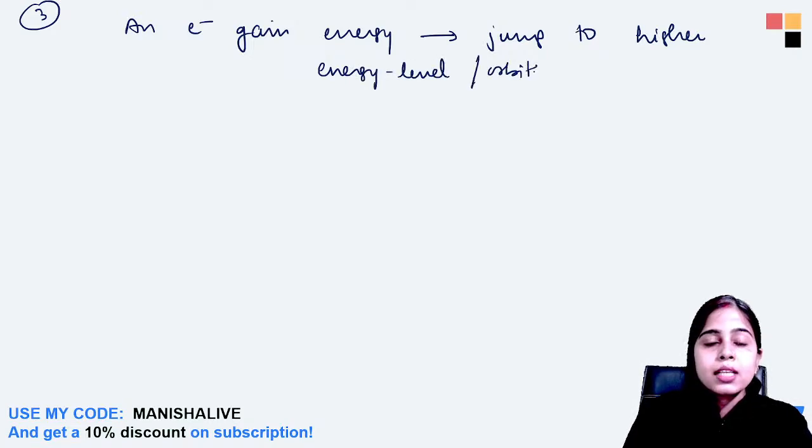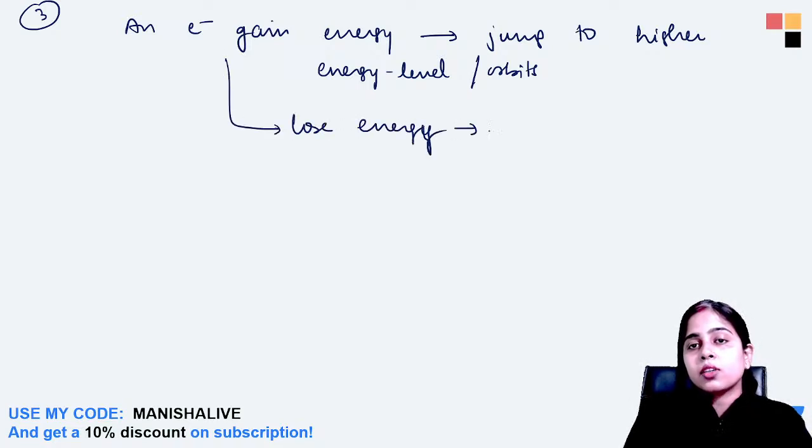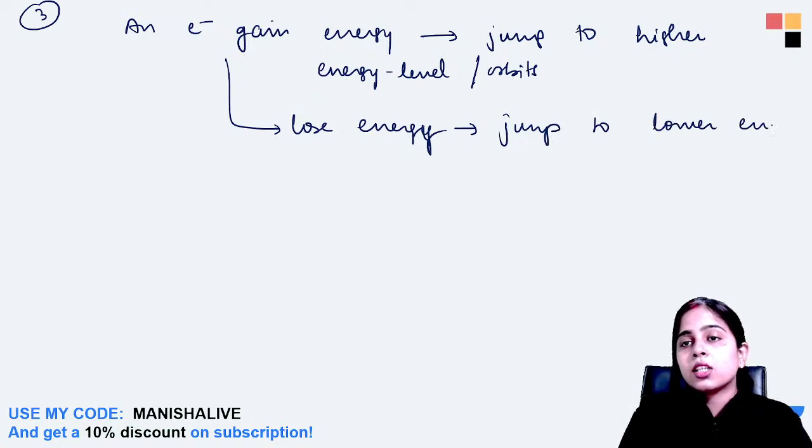And if it loses energy, it will jump to a lower energy level or orbit.